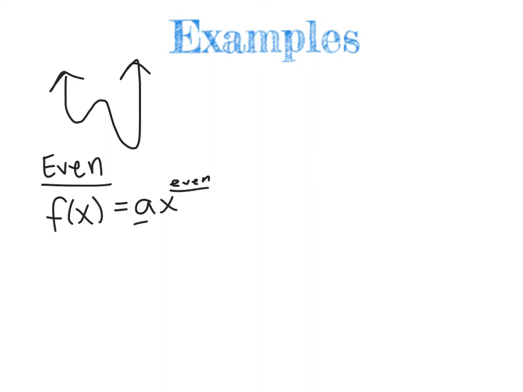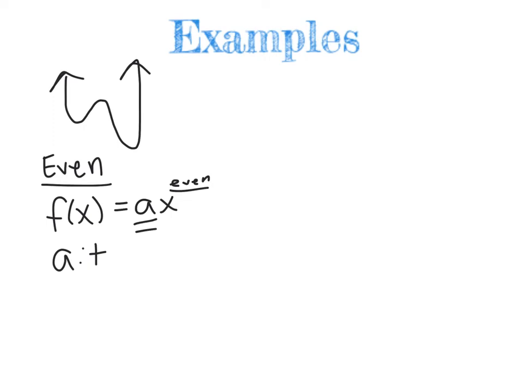What do I know about the a value? Well, look at the arrows. Where are they pointing? They're pointing up, which means a must be positive. The leading coefficient is positive, and the exponent, the degree, is even.